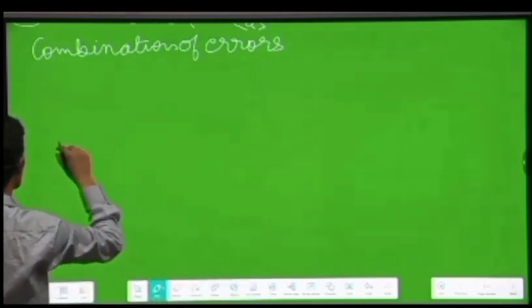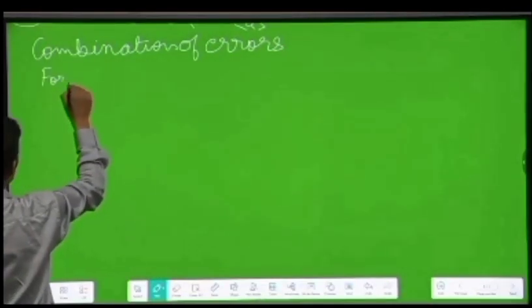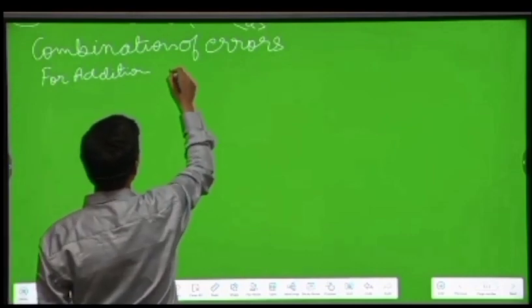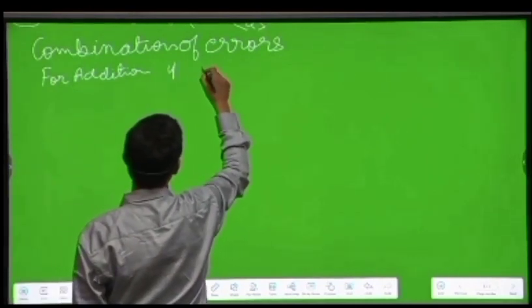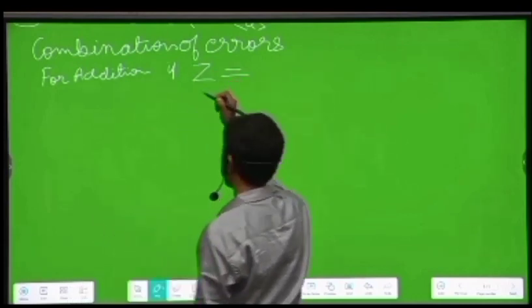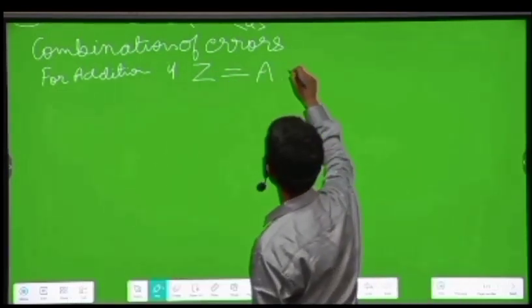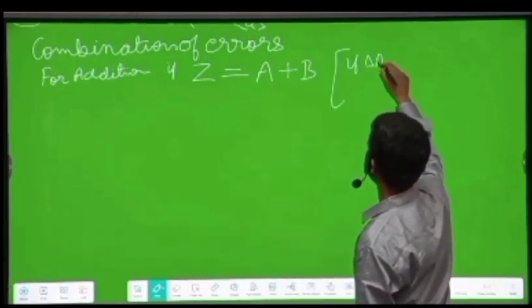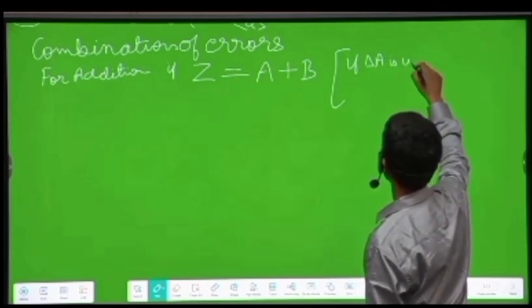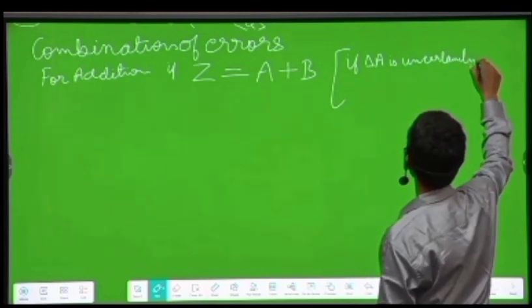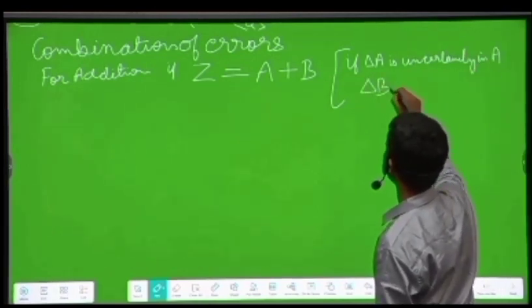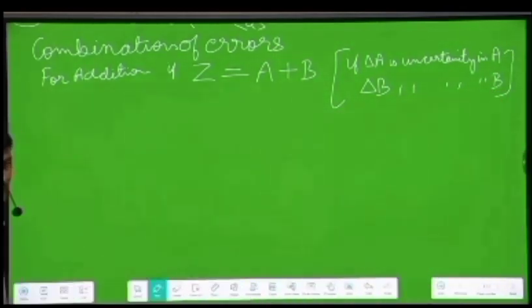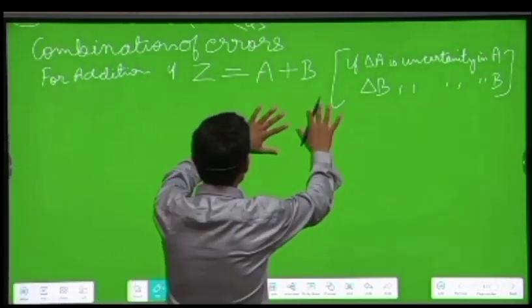Case 1 for addition. If Z is some physical quantity which depends upon A and B by this relation, and if delta A is the uncertainty or error in the measurement of A, I'm writing it a bit shorter, so maybe some of the sentence would not make that correct sense, but the actual meaning is coming from this.